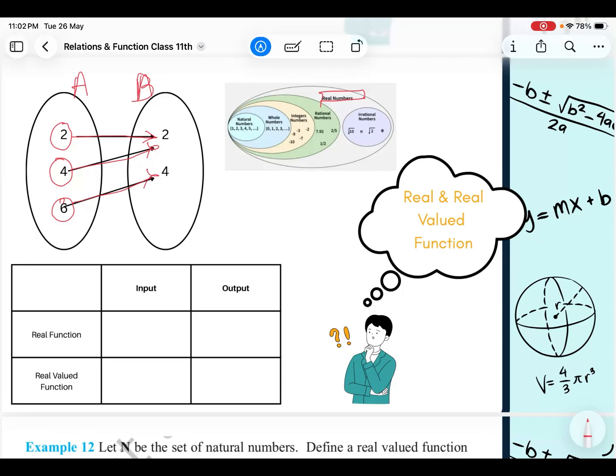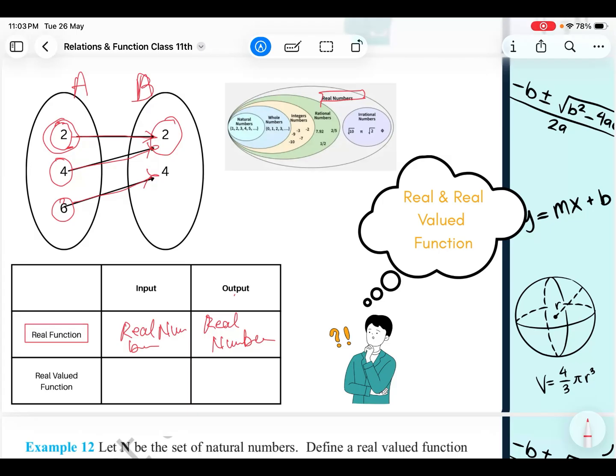So what it's saying is that in a real function the input will be a real number, and in output also we will get a real number. So if your function is a real function, it means it will take a real number as an input, and it will give you a real number as an output.